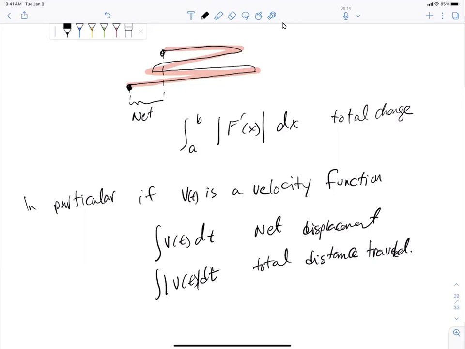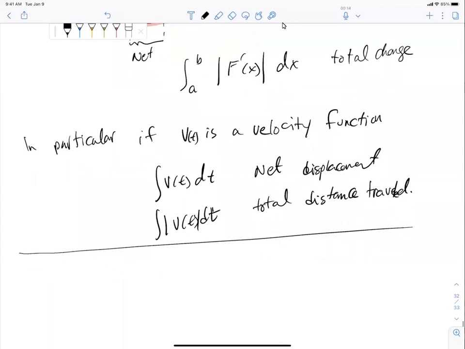Okay, so let's do a quick homework example from this. I think this requires a little bit more explanation, maybe through some of the homework problems. So let's do problem number 59 from the homework. Problem 59 says a velocity function in meters per second is given for a particle moving along a line.